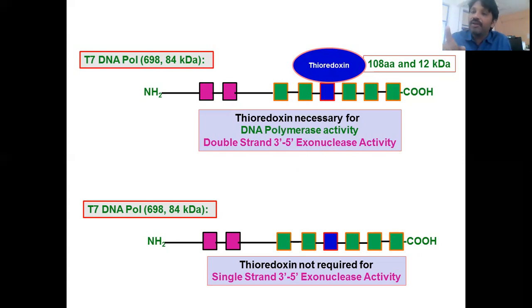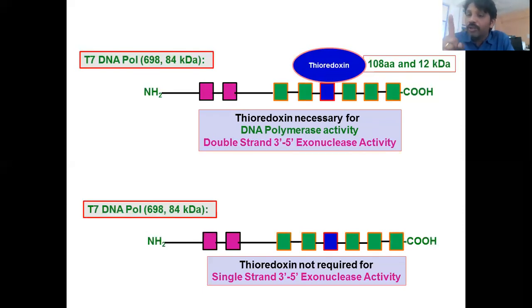The two subunit complex performs the polymerase activity and double strand 3' to 5' exonuclease activity. And the single unit, that is T7 DNA polymerase, can perform single strand 3' to 5' exonuclease activity. Here, the two subunit complex, T7 DNA polymerase and thioredoxin, has two activities: polymerase activity and double strand 3' to 5' exonuclease activity.